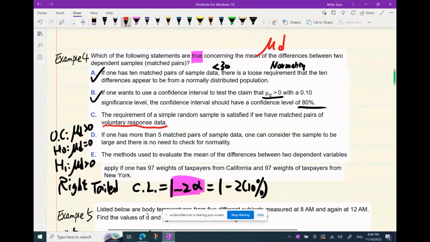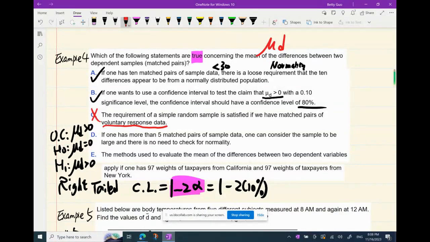We know that's not a good sampling method, and it will not give us a simple random sample. A simple random sample has an even stricter condition than a random sample. Voluntary response is not even random, let alone simple random. So C is incorrect.